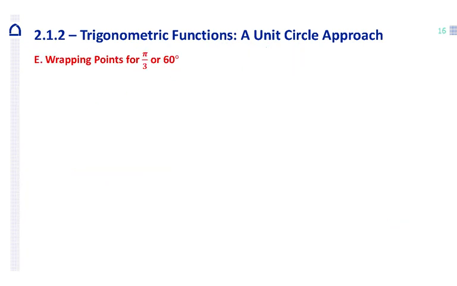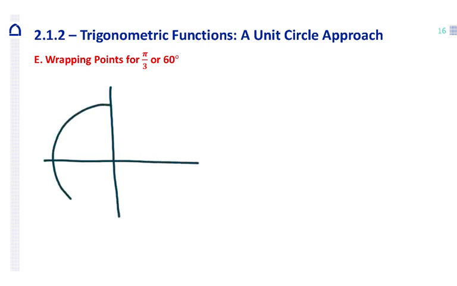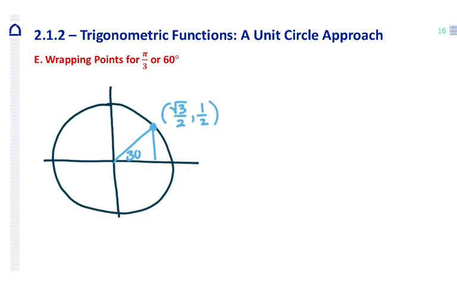Now let's talk about the special angle pi over 3 or 60 degrees. As we do that, it will be helpful for us to remember what we figured out from the previous slide. On the previous slide we worked on a 30-degree angle. So we had a triangle of 30 degrees, and we figured out that the x coordinate is square root of 3 over 2, and the y coordinate is 1/2.